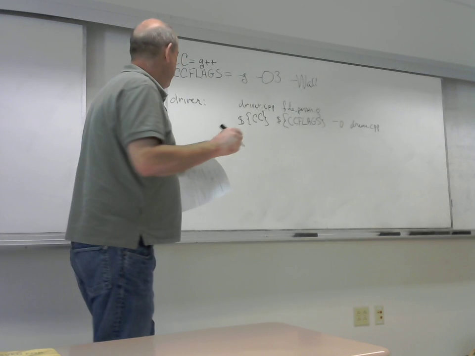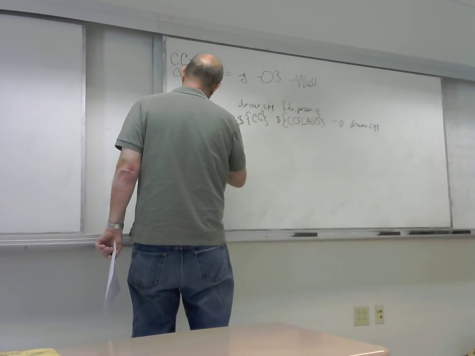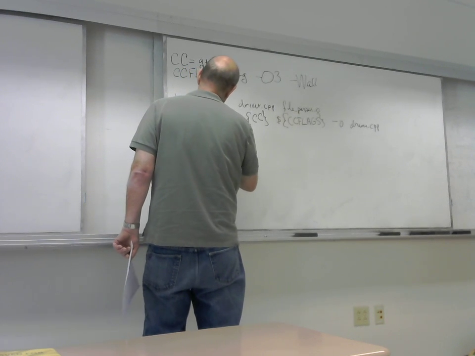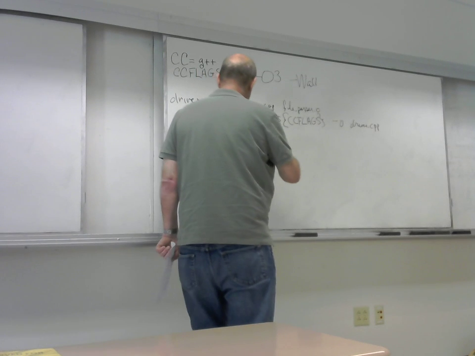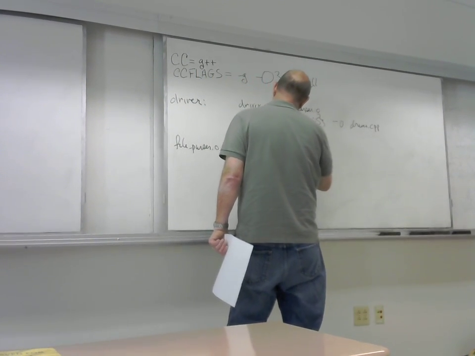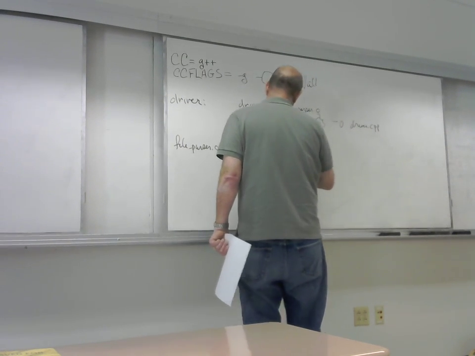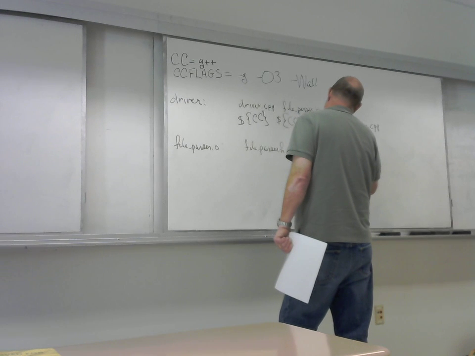So further down here, you might have file parser dot O. That's what you want to build. What do you need to build this? You need file parser dot H. You need file parser dot CC.